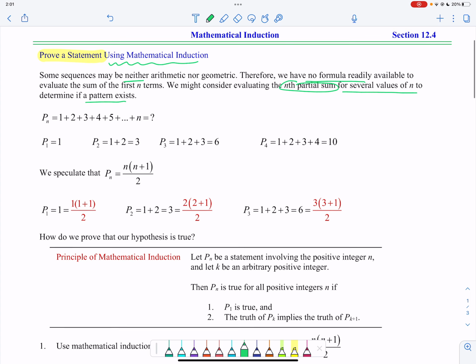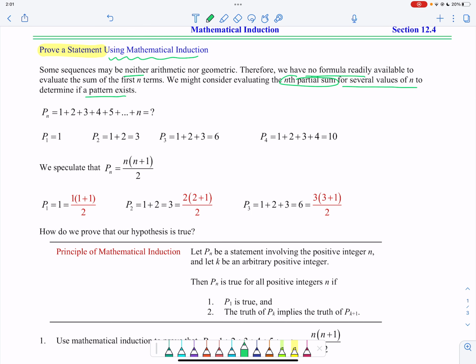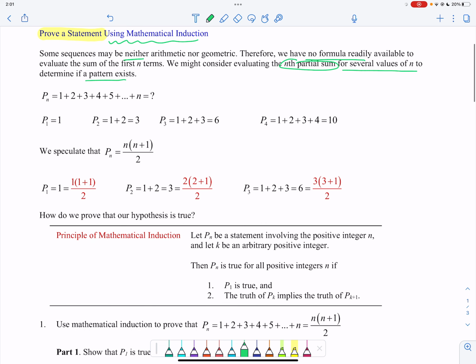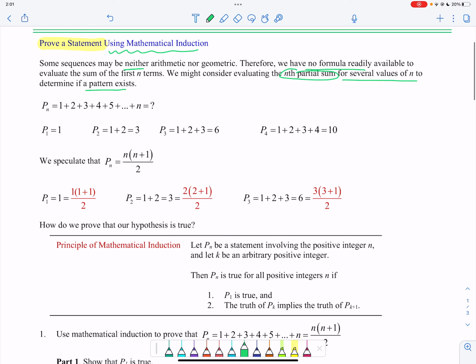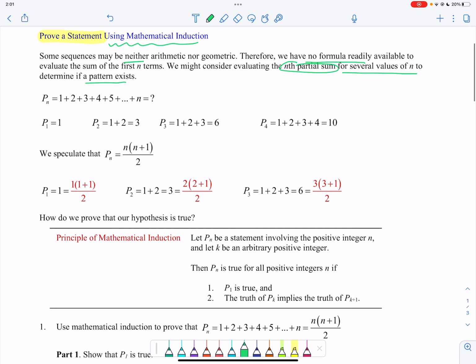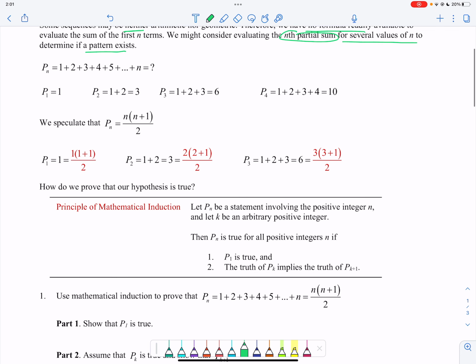So basically, we will look at the nth partial sum, and then we will look at P sub 1, P sub 2, P sub 3, P sub 4. All of these are our partial sums. And then we will speculate that P sub n is equal to n times n plus 1 divided by 2.